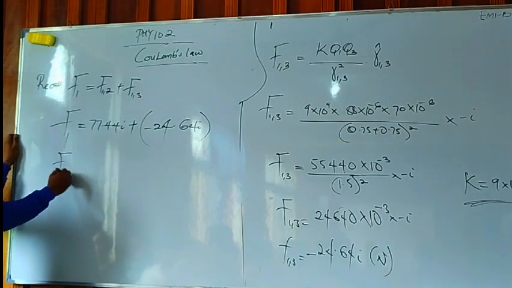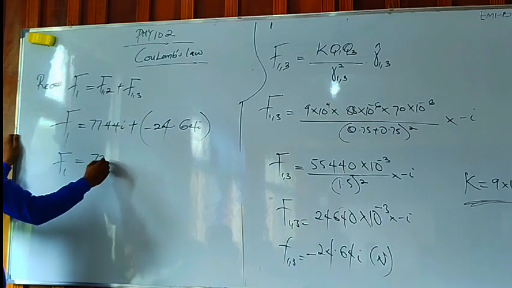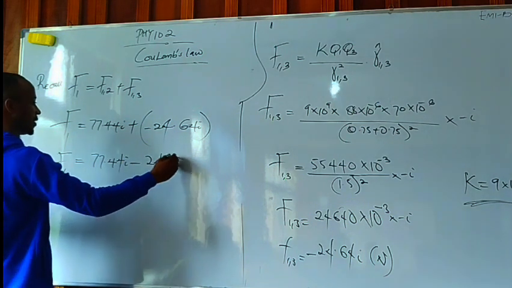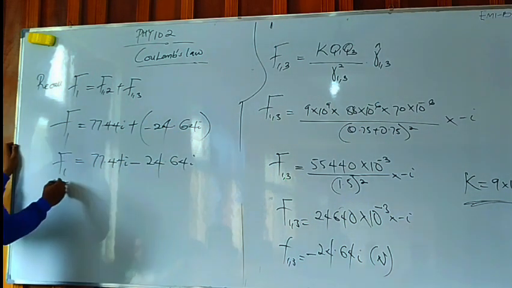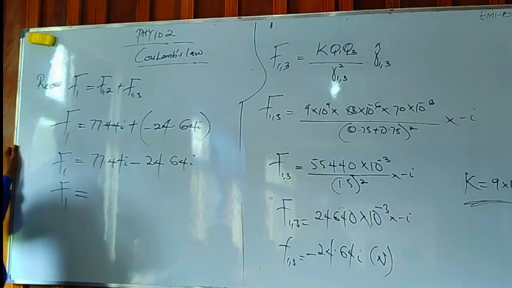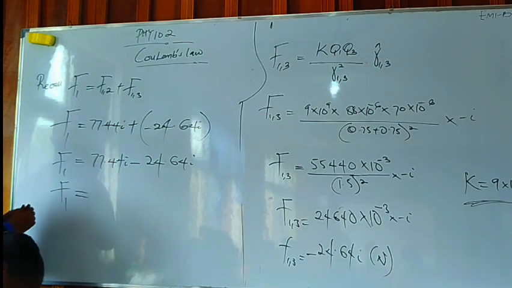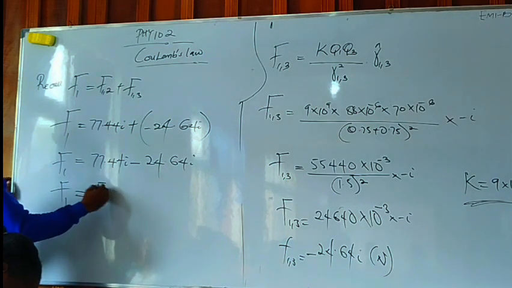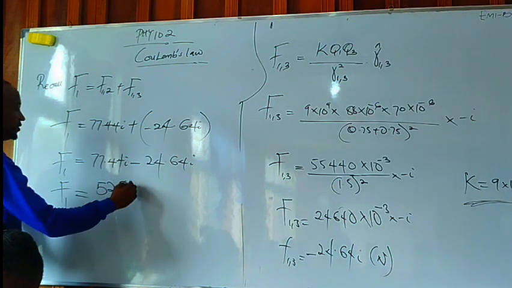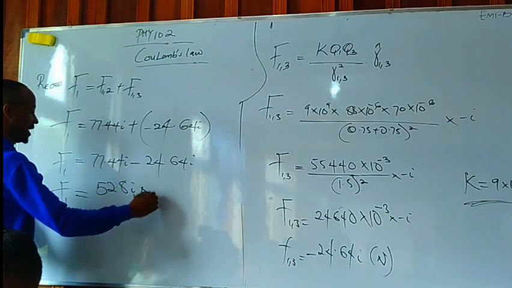This will give us F1 equals 77.44 i minus 24.64 i. What's the final answer here? Subtract both. What do you have? 52.8 i newton.